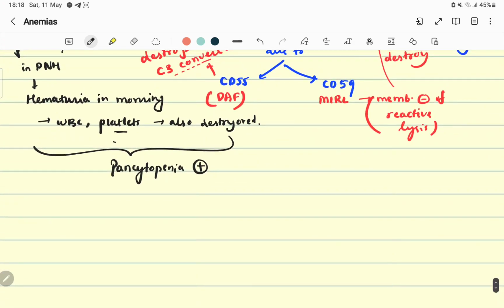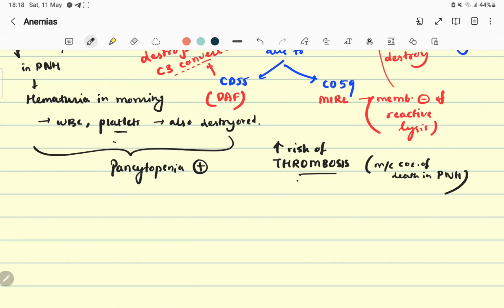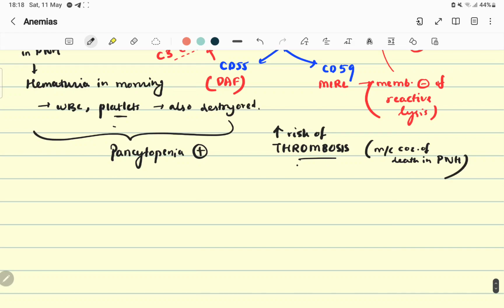So there is an increased risk of thrombosis also, which is the most common cause of death in PNH. Thrombosis, you know from your previous discussions, can form emboli and travel throughout and destroy many things, right?